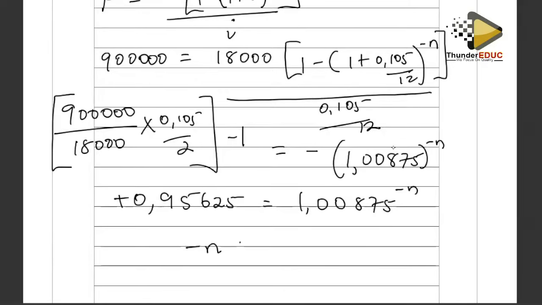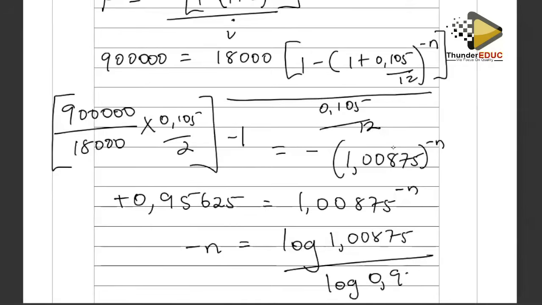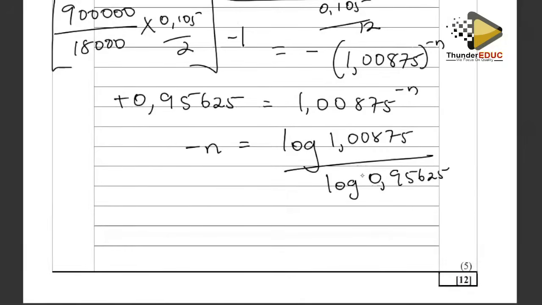Then for me to get my negative n, I'll have the log of 1.00875 over the log of 0.95625. So you're going to get a negative answer. And then my positive answer that I'm getting is 66.043.